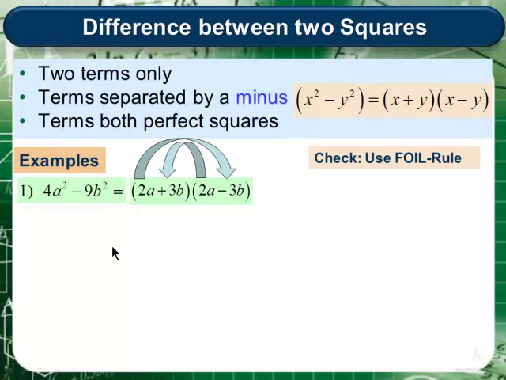Just remember, we can use the FOIL rule as well to check our answer, and if we expand this according to the techniques that were discussed earlier in this video, we see that the inner term and the outer terms will cancel as indicated as part of the FOIL rule application. If we multiply the first terms together, we get again 4a squared, and if we multiply the last terms together, we again get minus 9b squared.